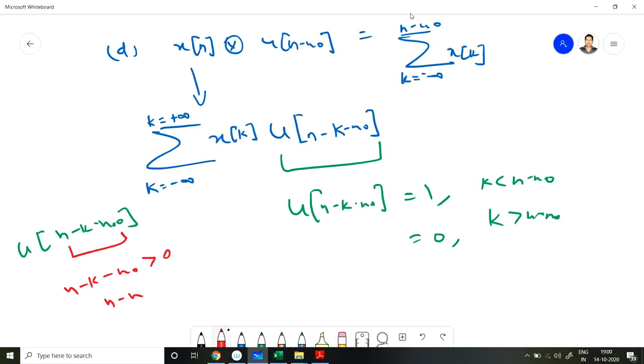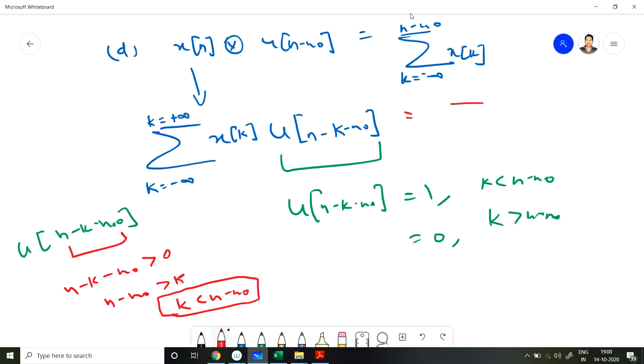Better to write in this form: n − n0 is greater than k, so k is less than n − n0. So we find those values of k for which u[n − k − n0] is equal to 1. For k less than n − n0 this is equal to 1, and for k greater than n − n0 this is equal to 0.